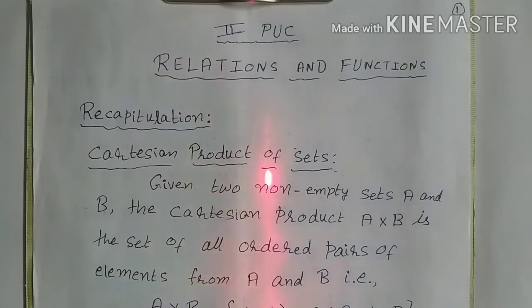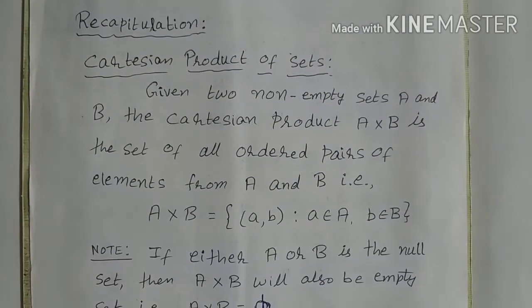Cartesian product of sets: given two non-empty sets A and B, the Cartesian product A × B is the set of all ordered pairs of elements from A and B. That is, A × B = {(a, b) such that a belongs to A, b belongs to B}.